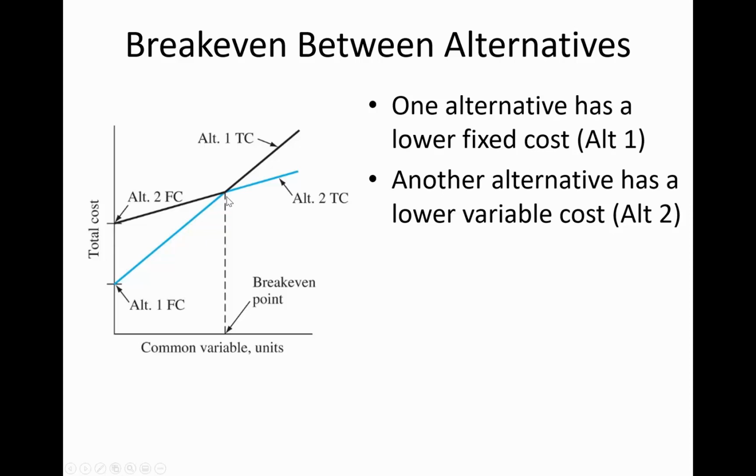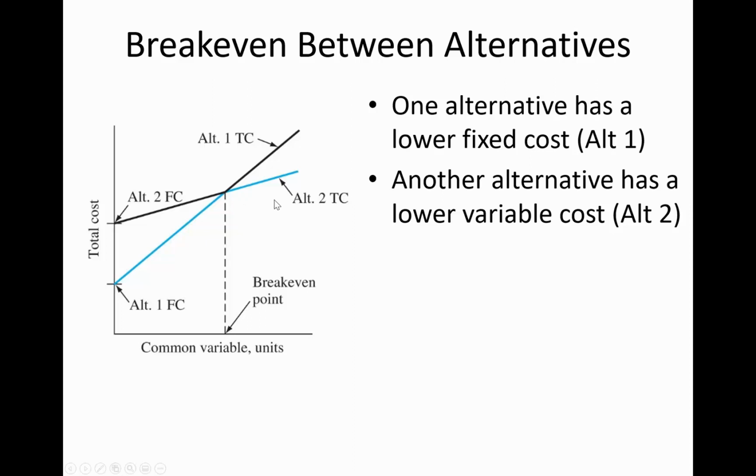And so whenever you're considering costs, your objective is to minimize costs. And so what you ought to do in a situation like this is find the point where the two curves intersect. If you are to the left of the break-even point, in this illustration, alternative 1 is best if you're making from 0 to break-even point number of units.